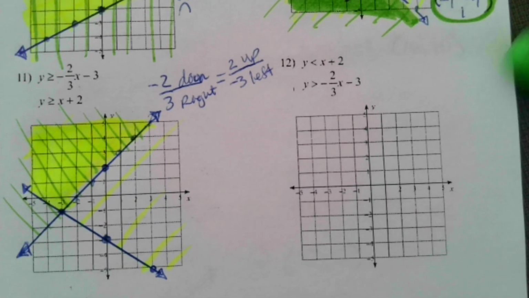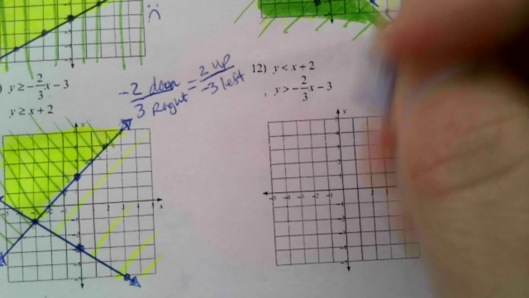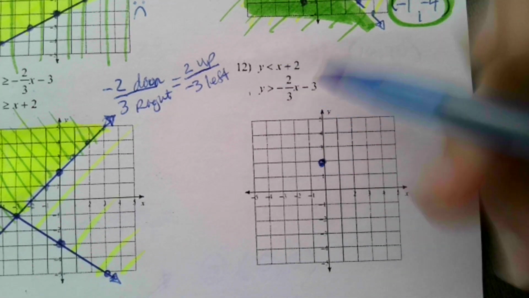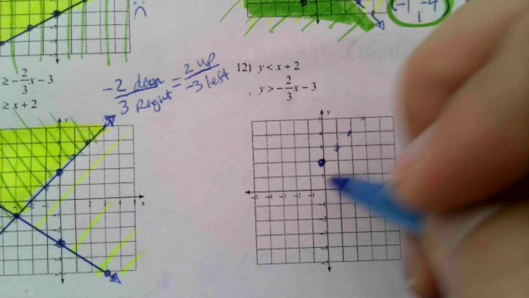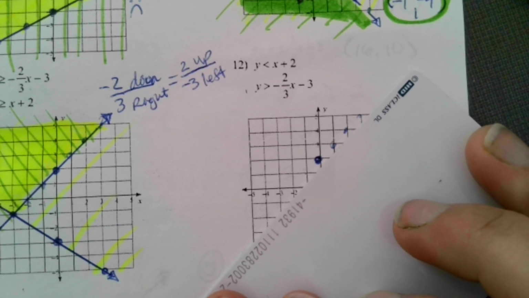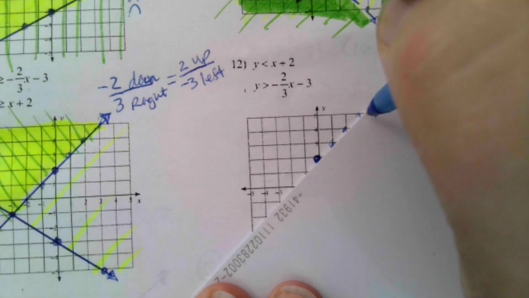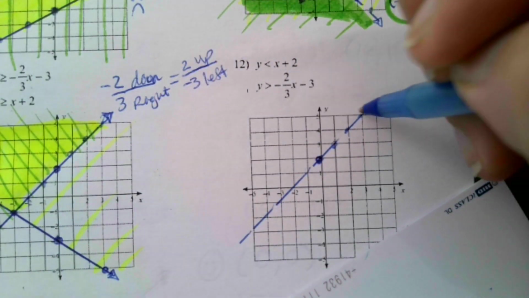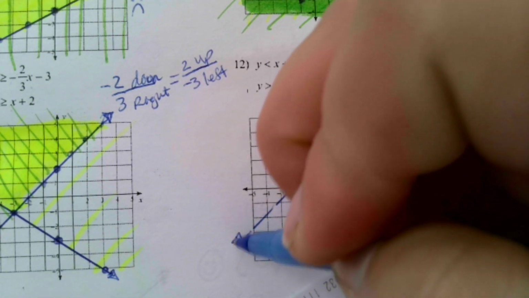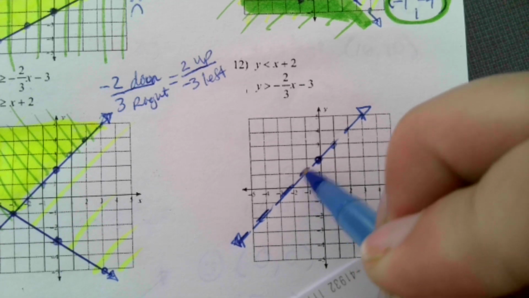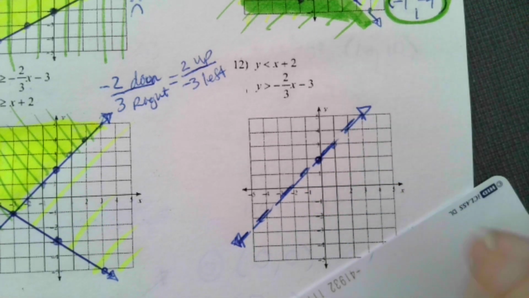Okay, y'all, what's your y-intercept for number 12? The first one. 2. Good, 2. What's our slope? It's just 1, so up 1 over 1. Solid or open? Dashy dash. It's not that good of a dash line, but okay.